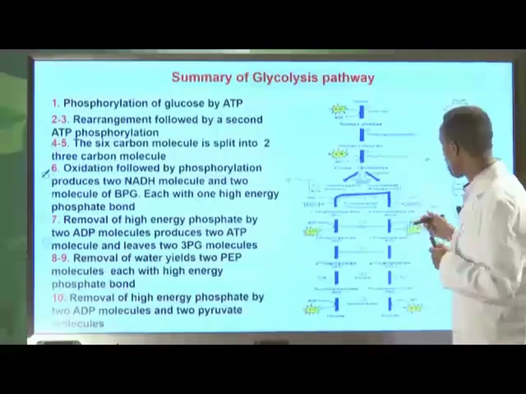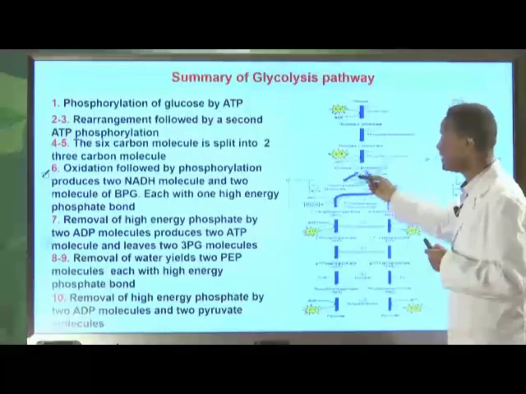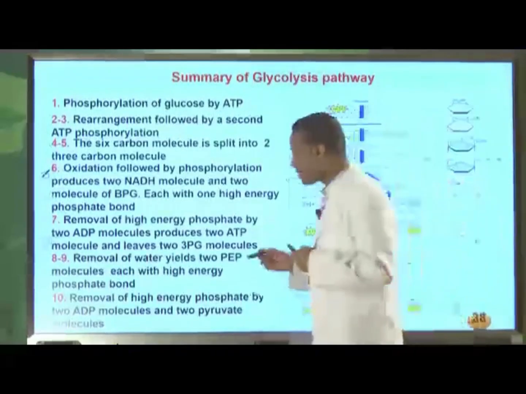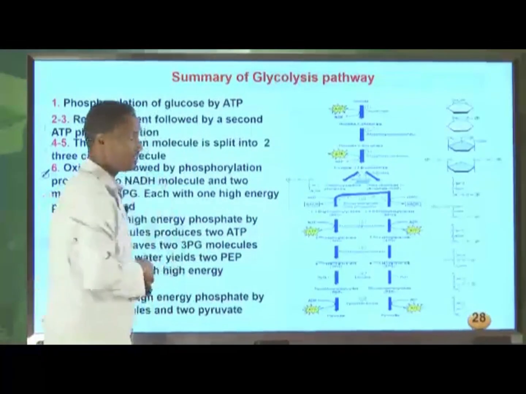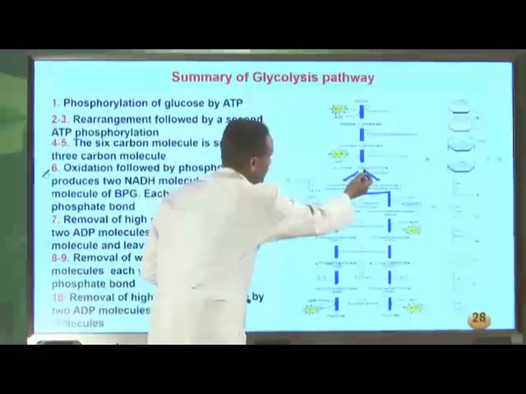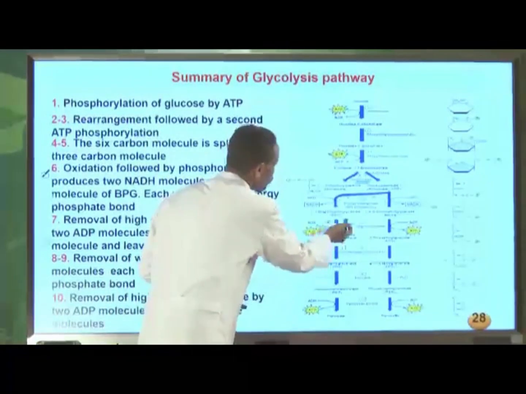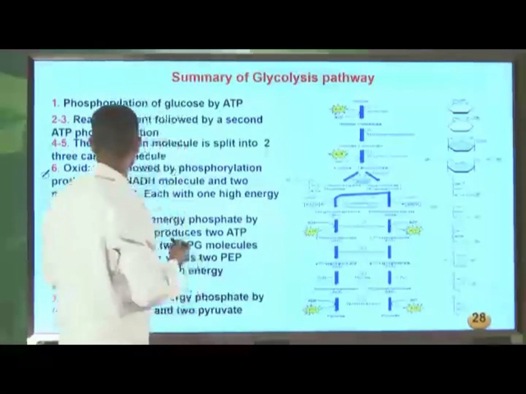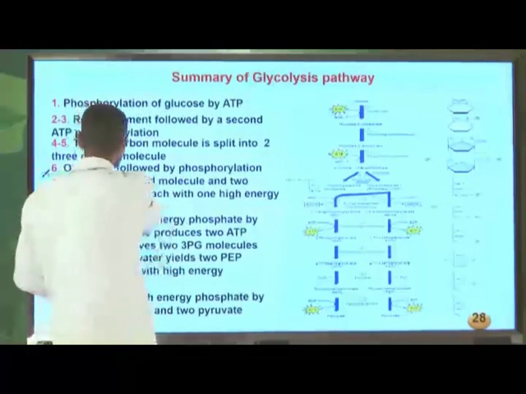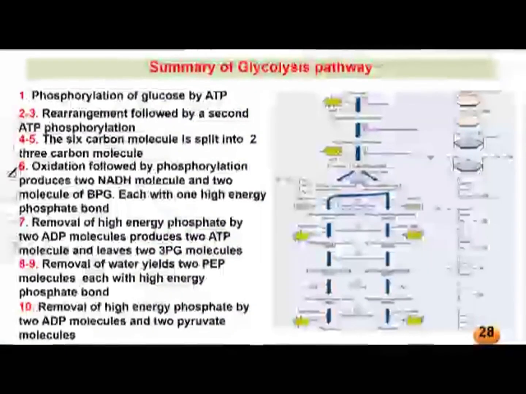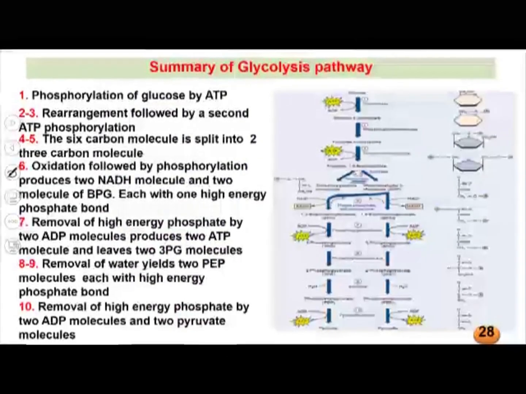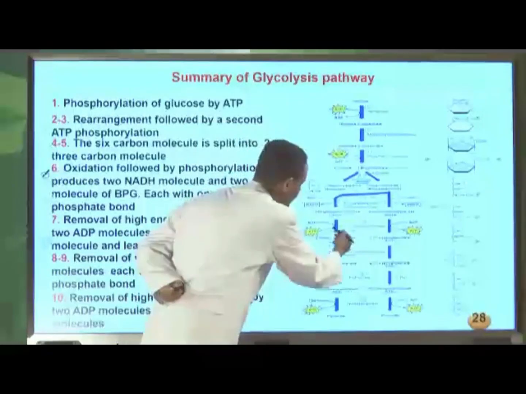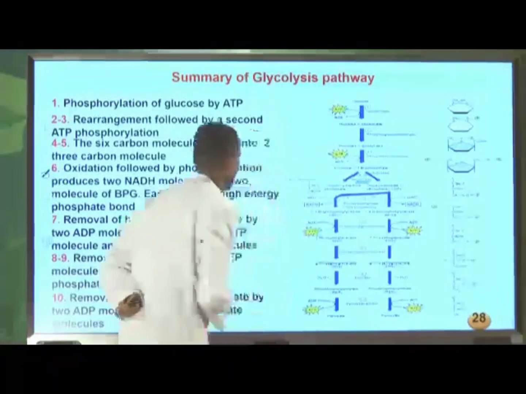Reactions 4 and 5, the 6 carbon molecule is split into 3 carbon molecules. Reaction 6, oxidation followed by phosphorylation. Reaction 7, removal of high energy phosphate by 2 ADP molecules to produce 2 ATP. Here 2 ATPs are generated.